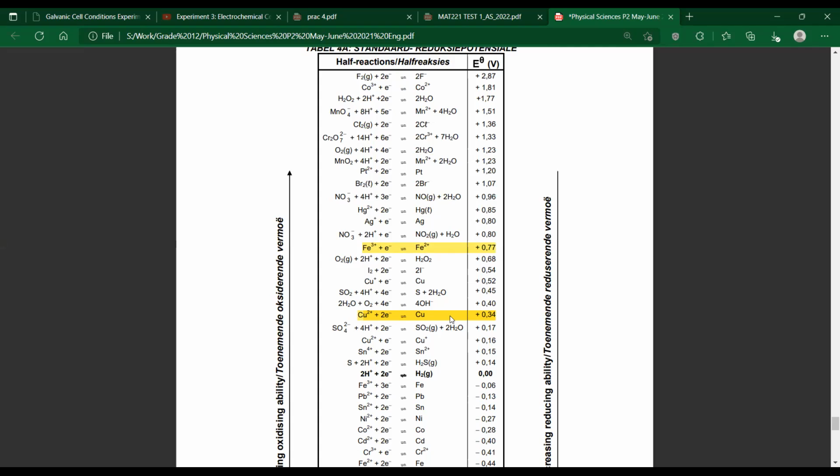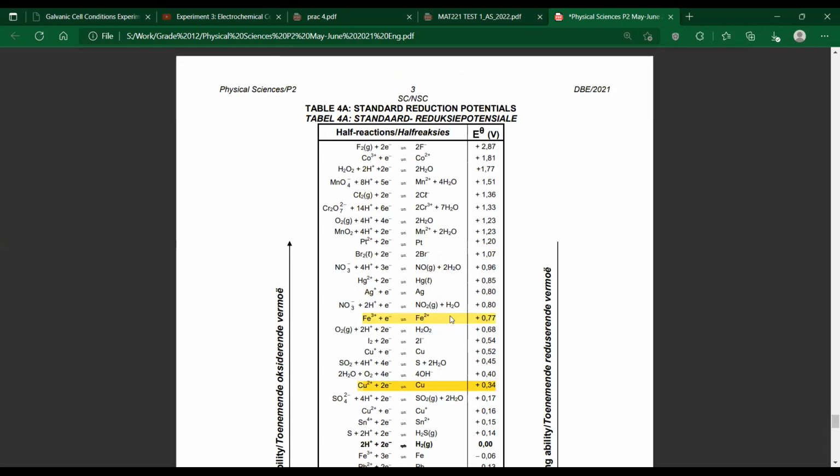So when it comes to situations where the standard reduction potentials are both positive, the one lower on the table is your cathode and the one higher on the table is your anode.